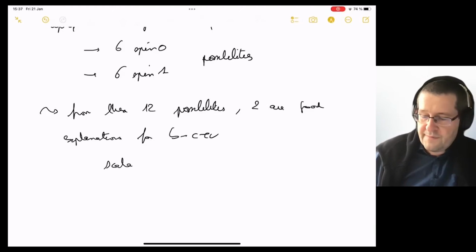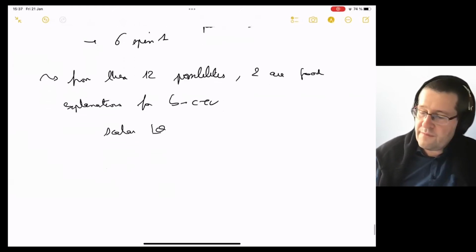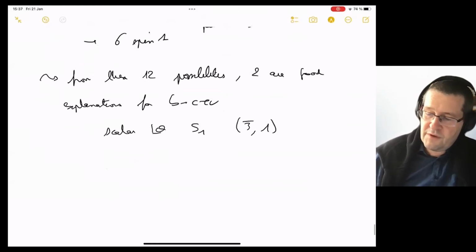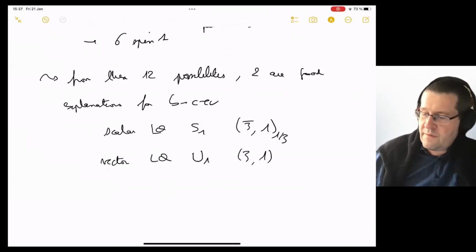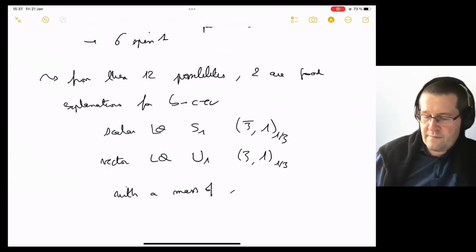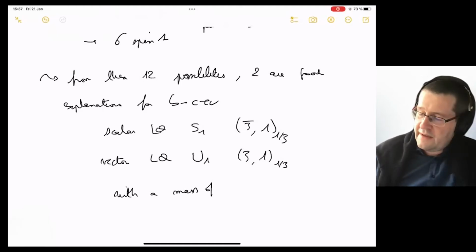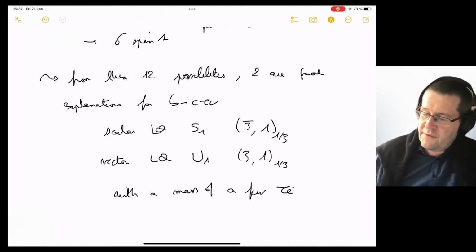So one is a scalar leptoquark. So if I use the same notation I had at the beginning, that would be so obviously they're sensitive to the strong interaction. And the mass that you need in order to do that with couplings that are not completely impossible or ruled out, the mass of this object is of a few TeV.